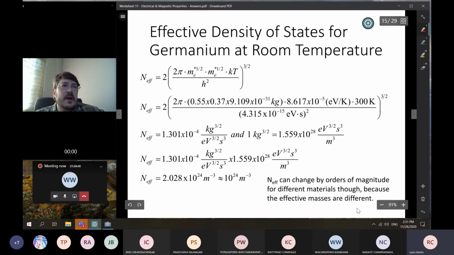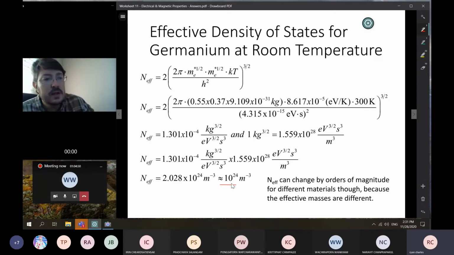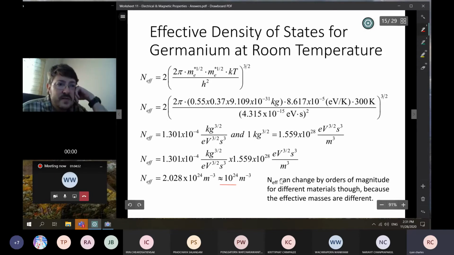All right. But you could do germanium. You could do the same calculation, and you get 10 to the 24. It's close, but it's not the same. Right. So this effective density of states can change orders of magnitude for different materials, right?